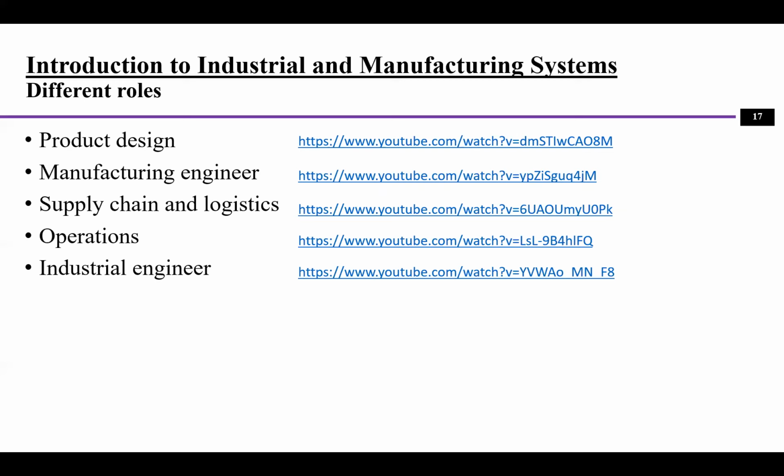So in a whole manufacturing company, there are a lot of opportunities for people with different backgrounds. And I suggest you watch those videos and see how those people actually talk about their own job in the manufacturing system.